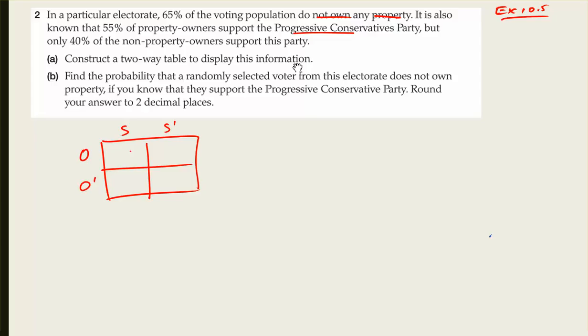Now, we know that overall, 65% of the voting population do not own any property. If 65% don't own any property, it means that 35% do. We're going to use these two numbers because they're important for calculating the rest of the table.